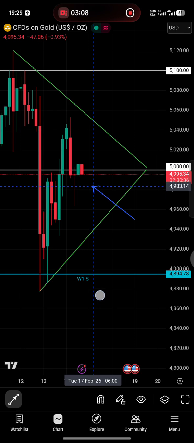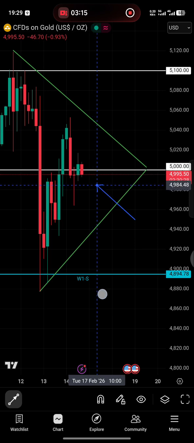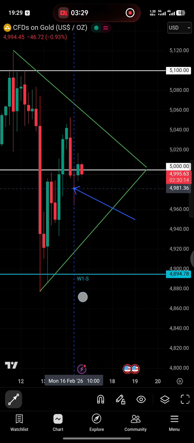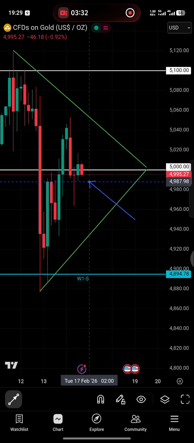So the best ones will be the 4-hour and the 1-hour, because they are in the perfect middle between the higher time frame and the lower time frame, and you will have more chances of entering, I don't call it a perfect position, but I can call it a high quality position. By entering on the time frame that is in the perfect middle of all time frames, you have more chances of playing on the right trend and the right price action, right?